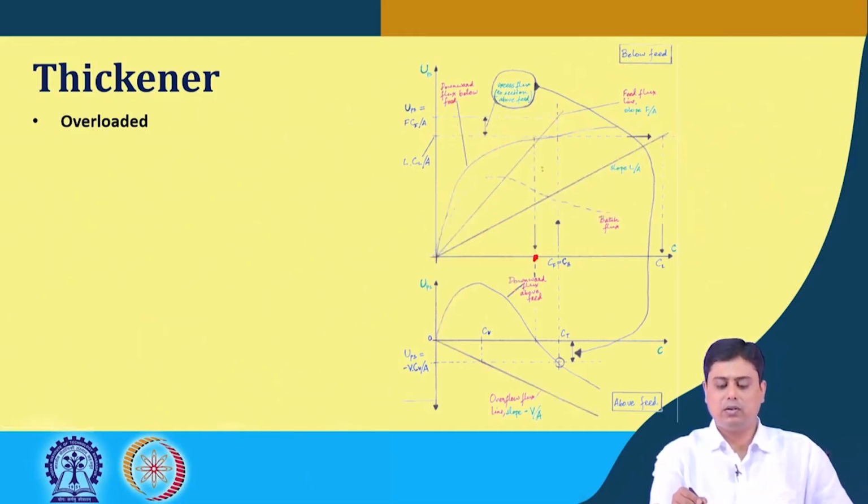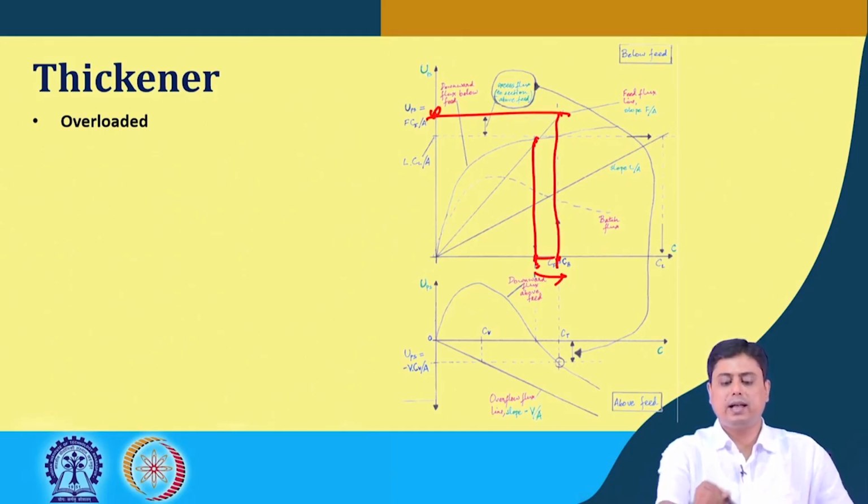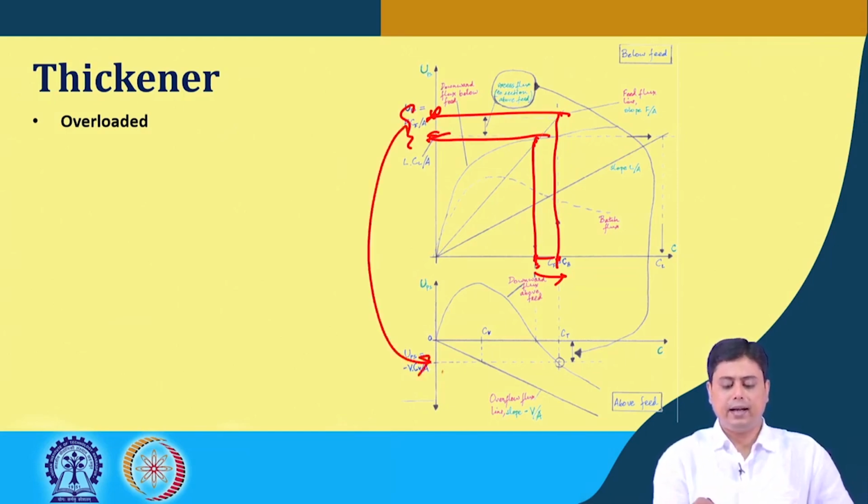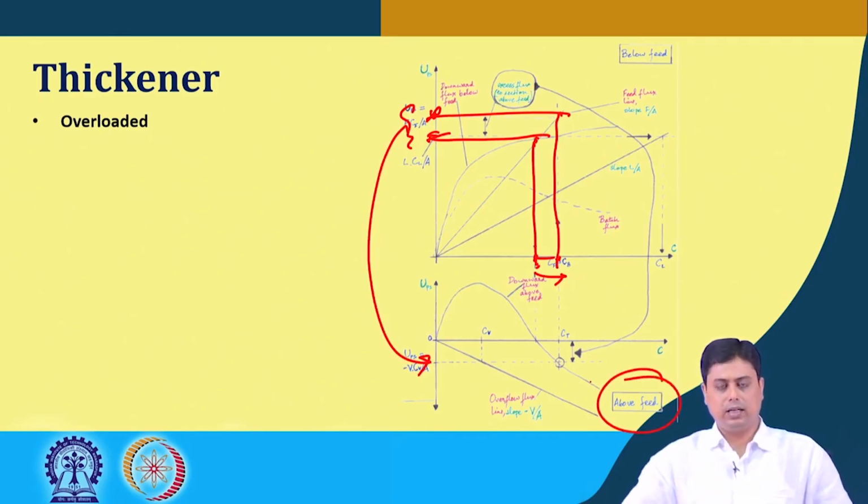Say this is the critical point and our current operating point is 110% of the critical limit. We draw this line once again and find out the difference between the actual flux and the critical flux, and that one is added at the bottom of this, or above the feed, and we find out the corresponding V, Cv and the mean concentration at the top region.